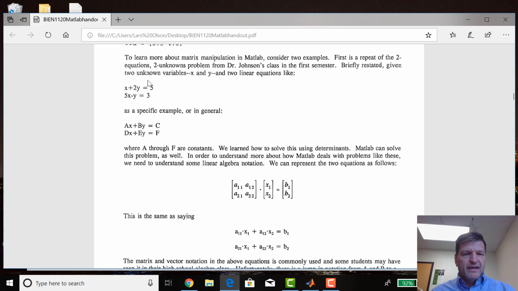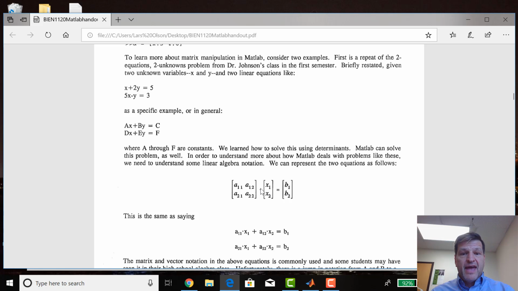This is something that every engineer could do, and you can certainly do it on your calculator. So how do we do this in Matlab? This is two equations, two unknowns. One way to write this is with big capital letters as the constants, and then x and y, but that's really not how most people write it. Most people write it in linear algebra notation, where A times x, all in big matrix format, Ax equals b.